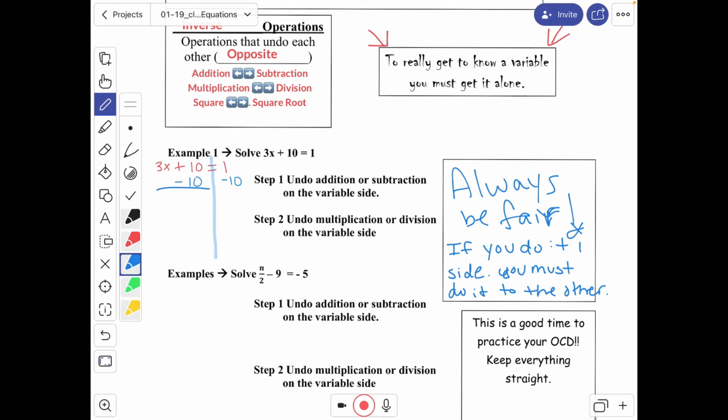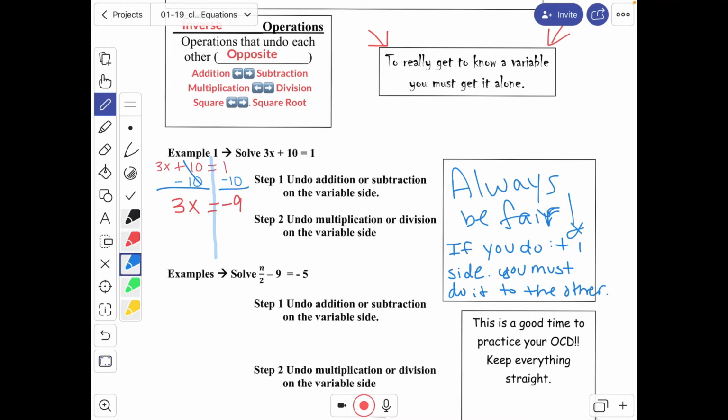Okay, so if we subtract 10 from the left side, 10 minus 10 makes 0, so that's canceled. It's gone. And all that's left is the 3x equals, and on the other side, 1 minus 10 makes negative 9. The x is still not alone, so I'm looking at just the side with the x. And right now they are multiplying by 3.